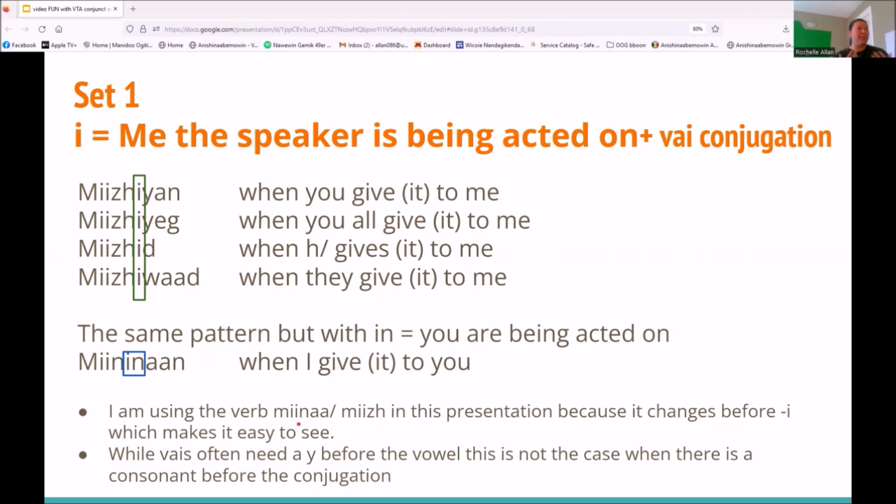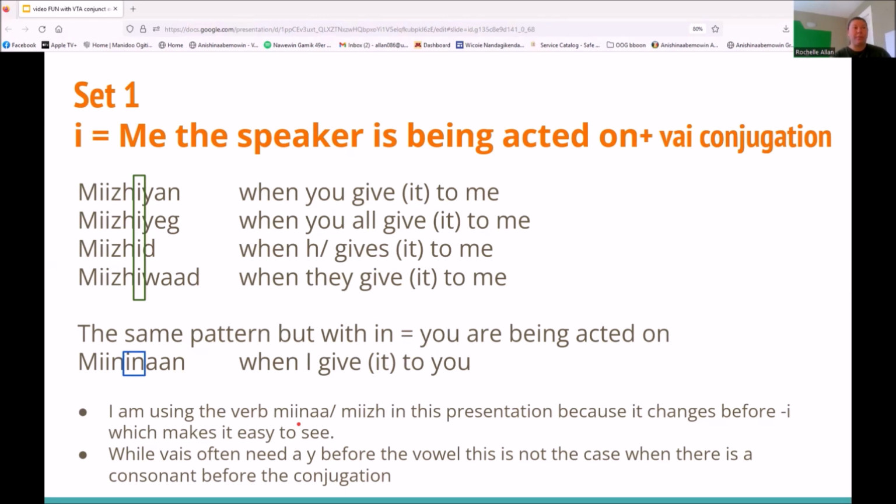So this is the first set. Mijian, when you give it to me. Mijieg, when yous give it to me. Mijid, when he or she gives it to me. Mijiwad, when they give it to me. And then minanan, when I give it to you.